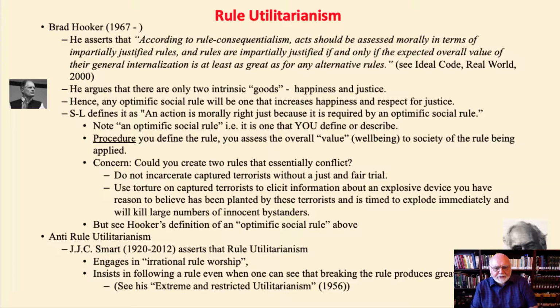And J.J. Smart does not give him enough credit for the role of justice in Brad Hooker's thinking. But enough of that. The bottom line is that optimific social rules produce the greatest happiness and respect for justice. There's not just justice, respect for justice.